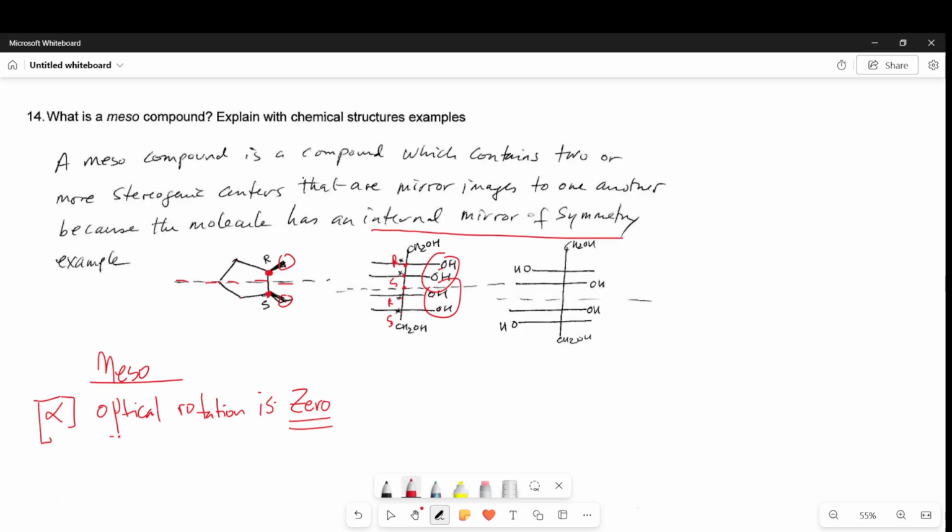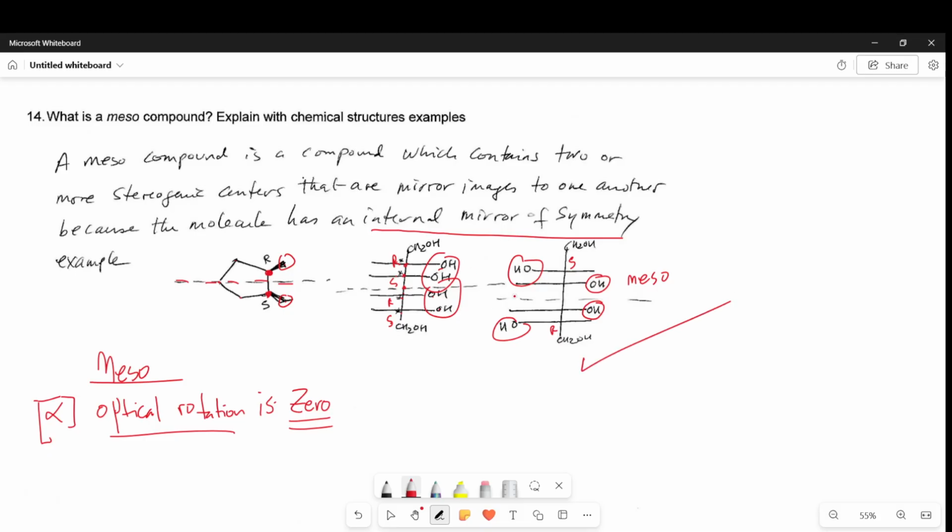Hence, the optical rotation should be 0 by definition. This is also another meso compound. Here you have this OH reflected to this OH. This OH is reflected to this OH. Say if this is S, and if this is R, then it is a meso compound.